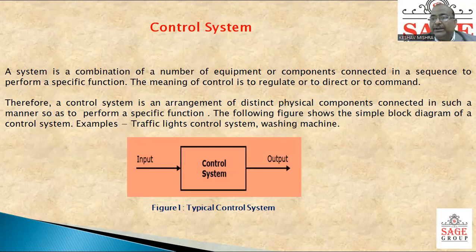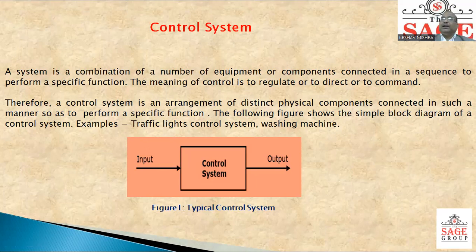That electrical fan contains mechanical as well as electrical components, and whenever we apply the input signal that is in electrical form, we get the output in mechanical form. Simply, mechanical and electrical components constitute the electrical fan.